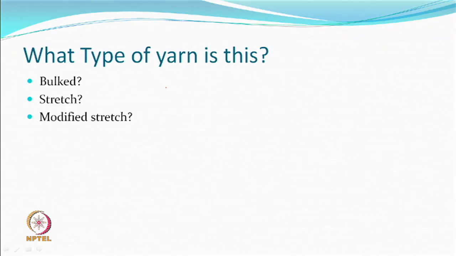What type of yarn will this be? One technology gives me bulk yarn, the other gives me a stretch yarn. So, this is likely to be in the stretch category, that is, it can stretch, but the difference is you have been able to separate the filaments. That is the main difference. So, using similar technology to get a product which is different.